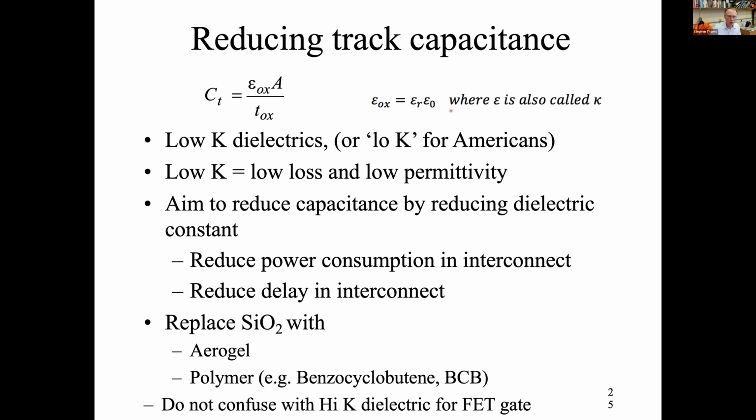And Americans who don't like too many letters will miss out the W and have low K. And of course, you can have the opposite, which is high K. We'll come to that later.